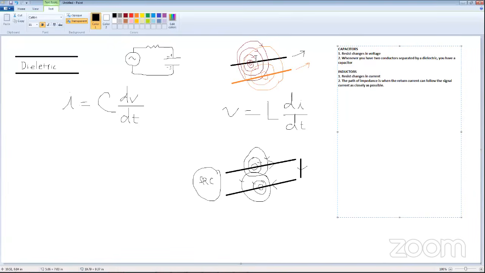In the case of inductors, like we mentioned, they resist changes in current. They do so by producing a voltage that opposes that change in current. The larger the inductance, the larger the voltage generated in response to the same change. Okay, and current wants to follow the path of least impedance, and that path is always going to occur when it can follow the signal path closely.